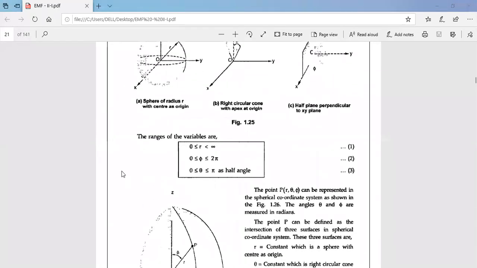So your coordinates now: R goes from 0 to infinity, from 0 coming out. Phi goes from 0 to 2 pi.